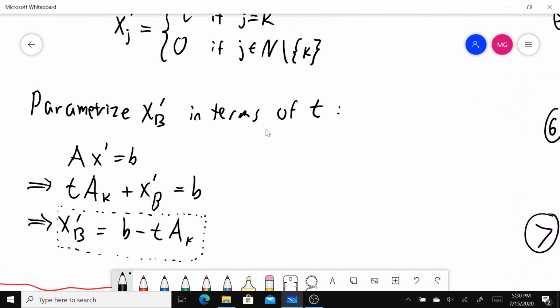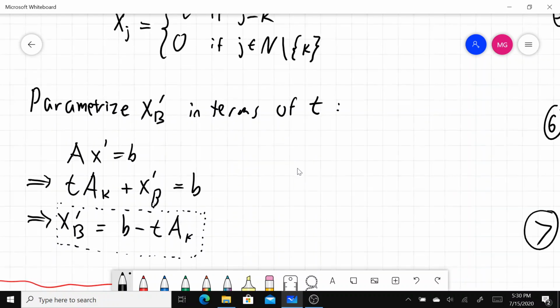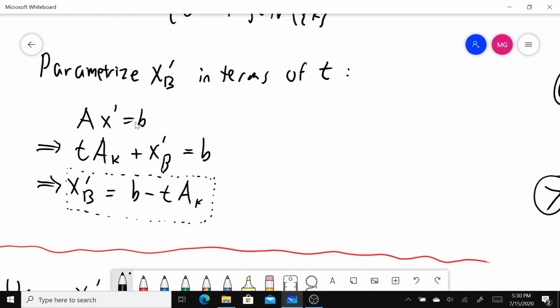But you do that afterwards, because next you parameterize the basic components of x prime in terms of t. I already went through this on the outline, but you just use the matrix equality constraints Ax prime equals b, and that gives you this equation, and you can solve for xb prime, and there you go.